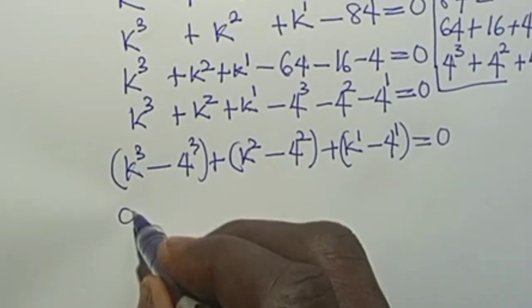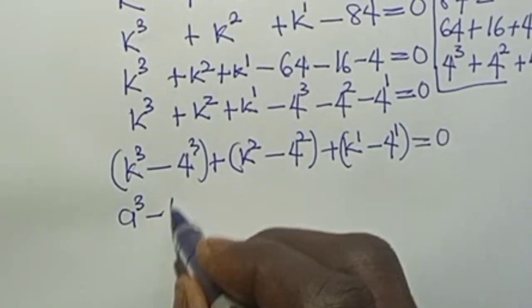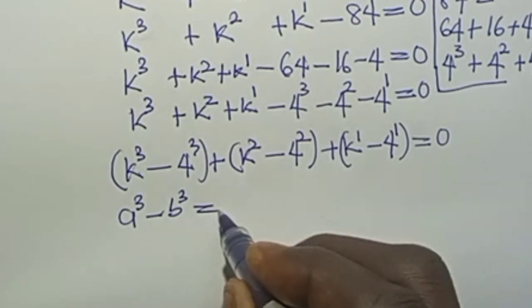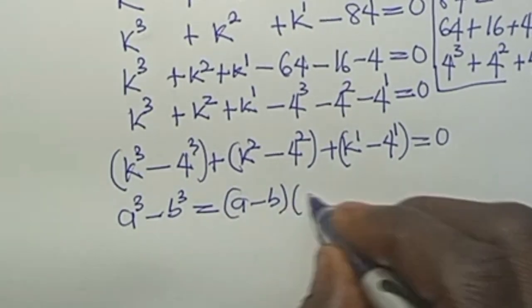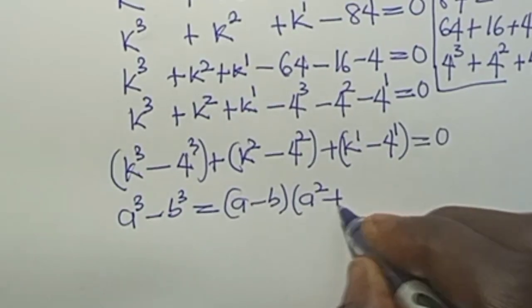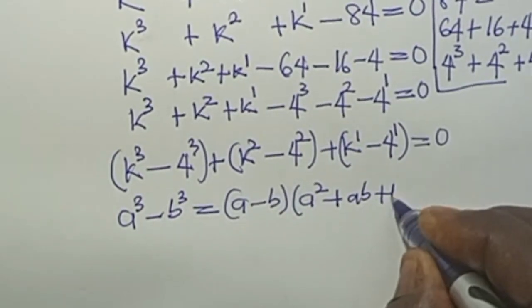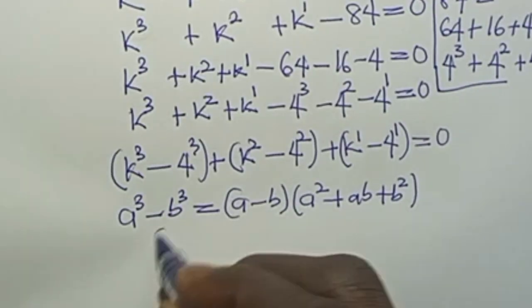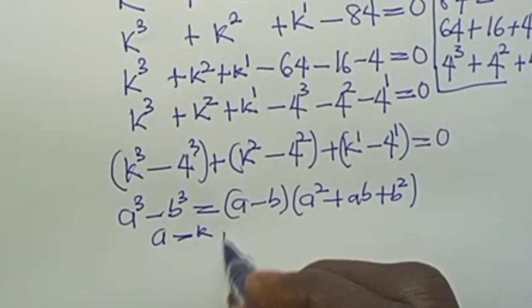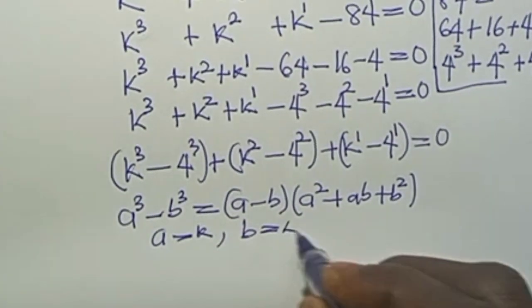Recall from algebra that a to the power 3 minus b to the power 3 is equivalent to a minus b times a squared plus ab plus b to the power of 2. This is in the form of this, where a is equal to k and b is equal to 4.